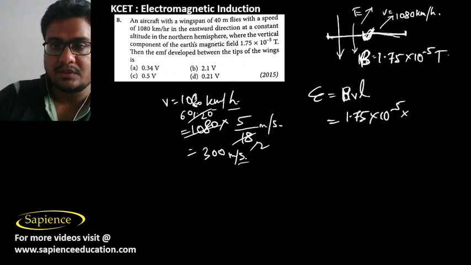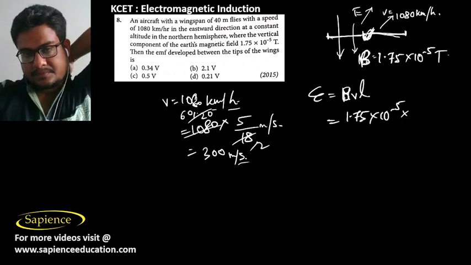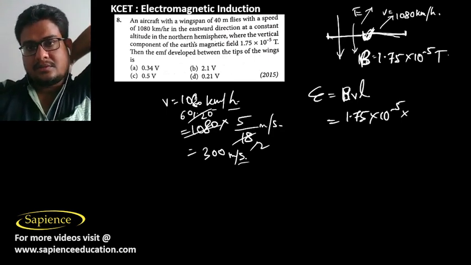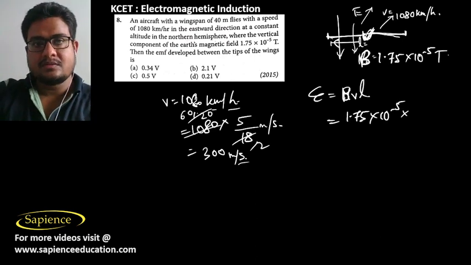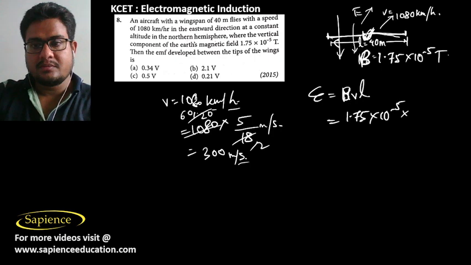So this will be Bvl, where the wingspan length l is equal to 40 meter. So that will be B into 300 into 40.